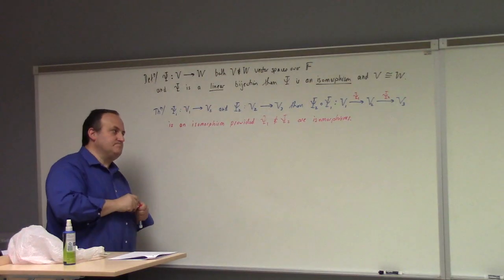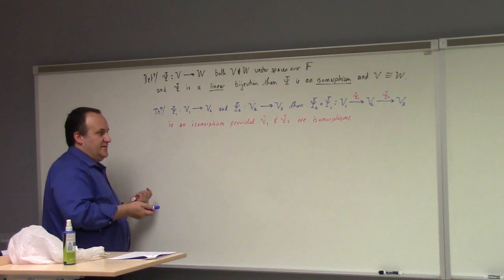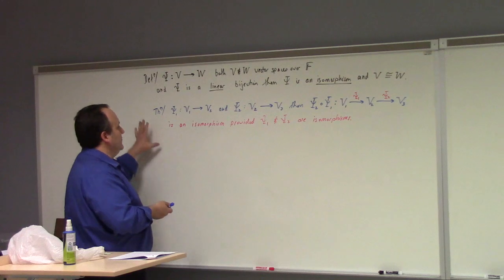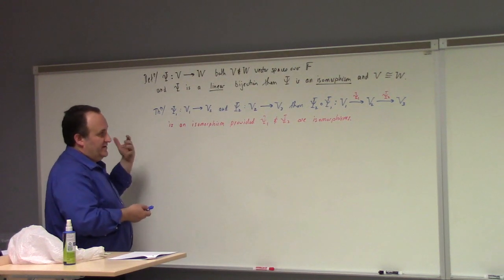All right. The inverse of an isomorphism is also an isomorphism. So to prove this little theorem, there's not much to do if we already have our ducks in a row.